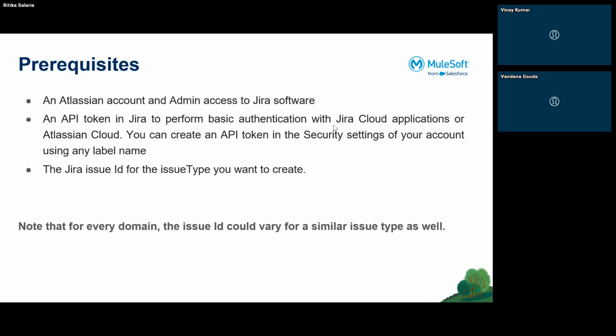So the second step we have here is creation of an API token. This API or access token will help you connect to Jira by creating a Jira connector configuration in your Anypoint Studio. Next, the option we'll be choosing is basic authentication. We'll be having three things mentioned there. The email ID for the admin, basically, for whoever has created the API token.